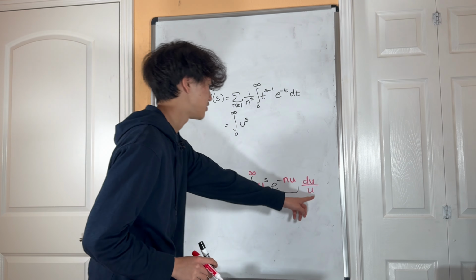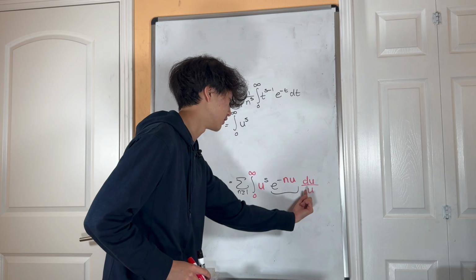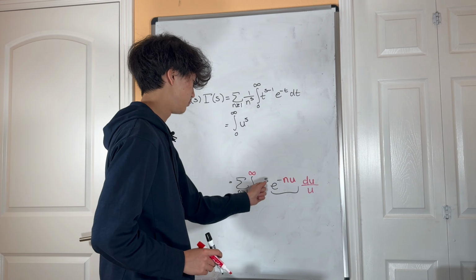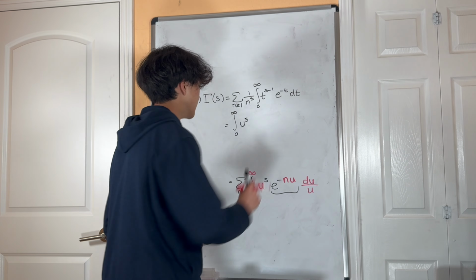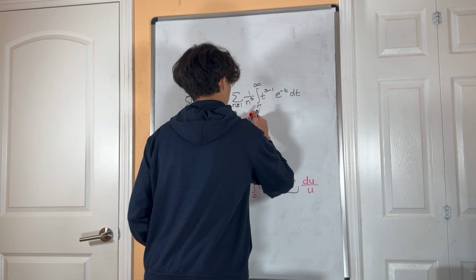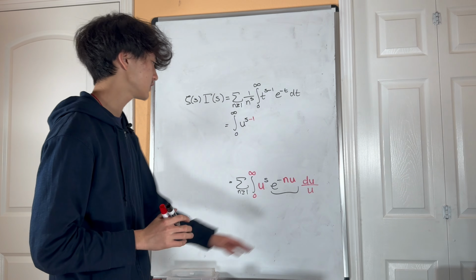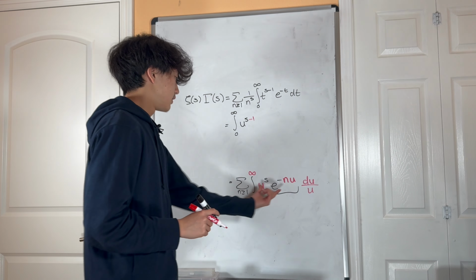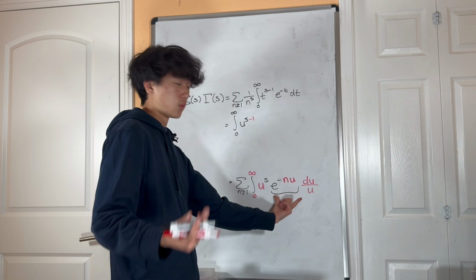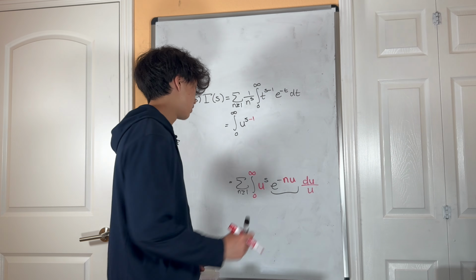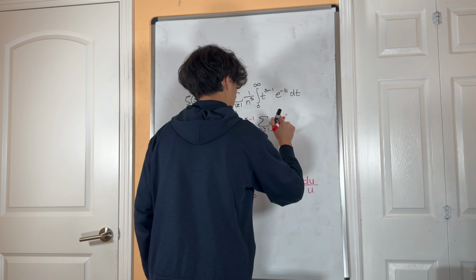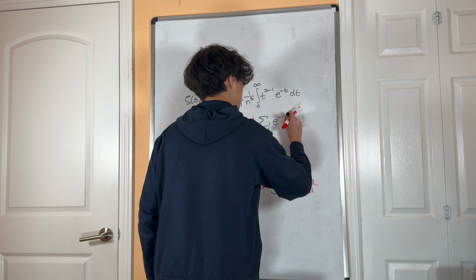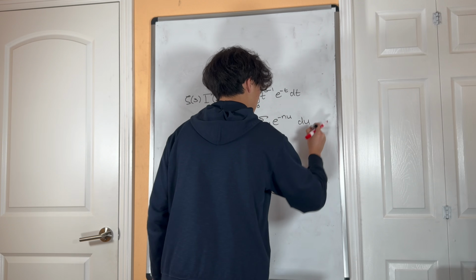And same deal with this u right here. In fact, we don't even need to write it here anymore. We can just write it as u to the negative 1, which we can combine with this right here. So that could be u to the s minus 1. So that's gone. The only thing that contains an n that we need to worry about is this exponential right here. So the sum is going to come in, and it's going to apply to just the exponential only. And then the du is going to close off our integral.